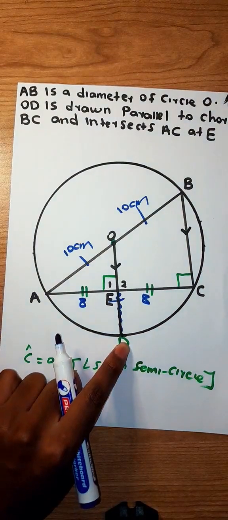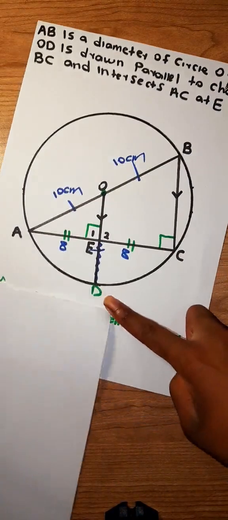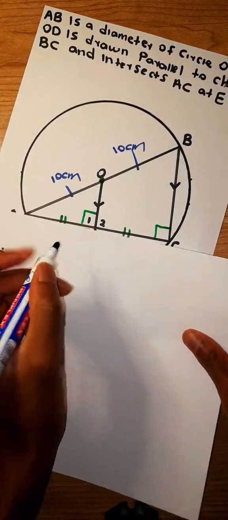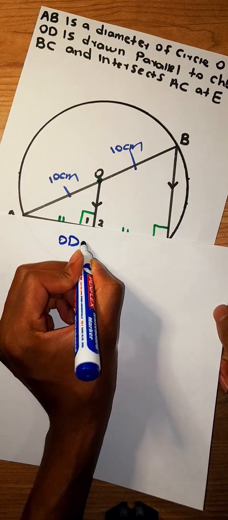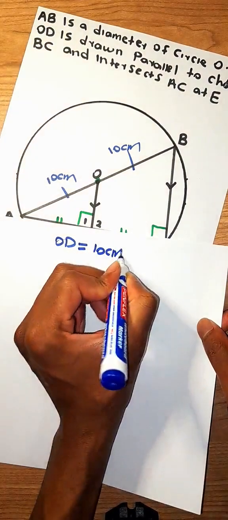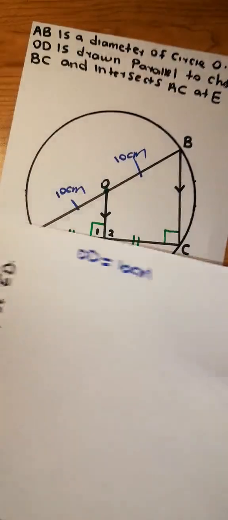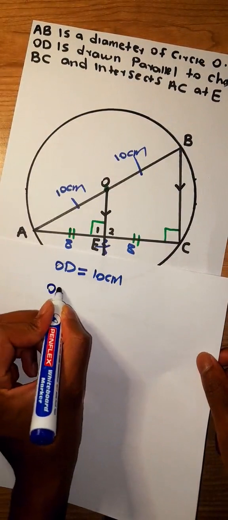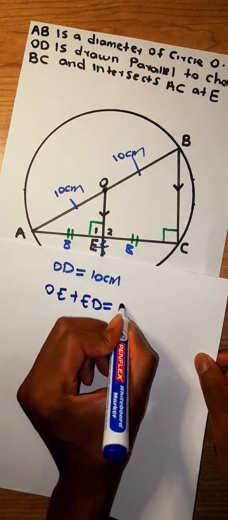Well, you realize that OD is a radius that equals 10 centimeters, right? But what is ED made of? You realize that OE plus ED equals OD.